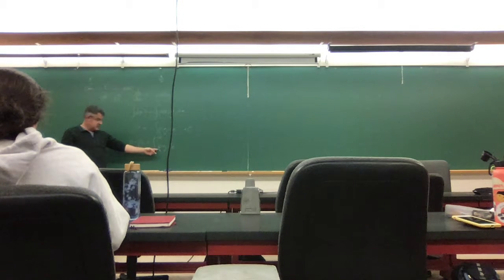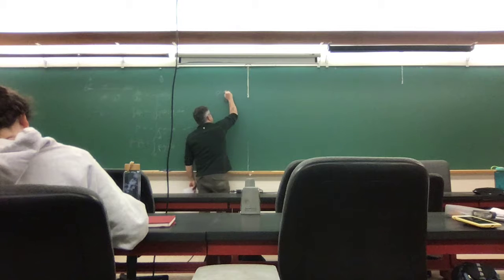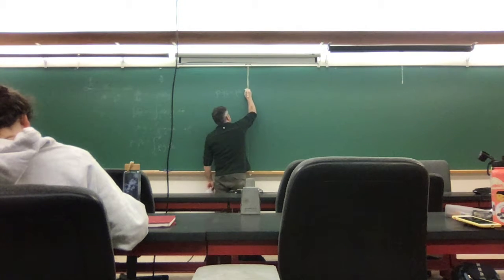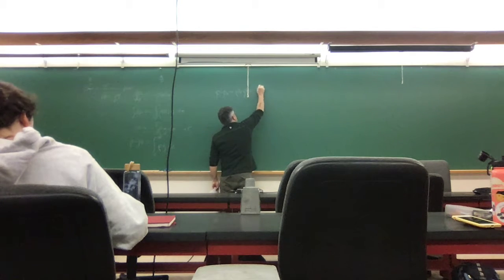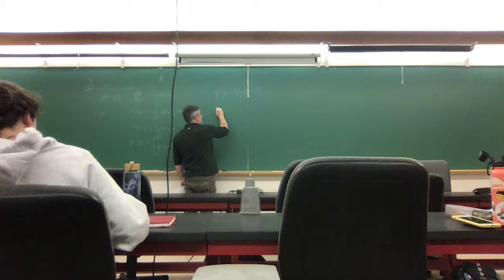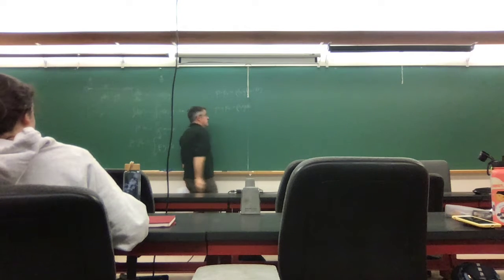And if this is constant, and we take G as constant, I can just solve that equation. P minus P naught equals rho naught G times Z minus 0. Or P equals P naught minus rho naught G Z.